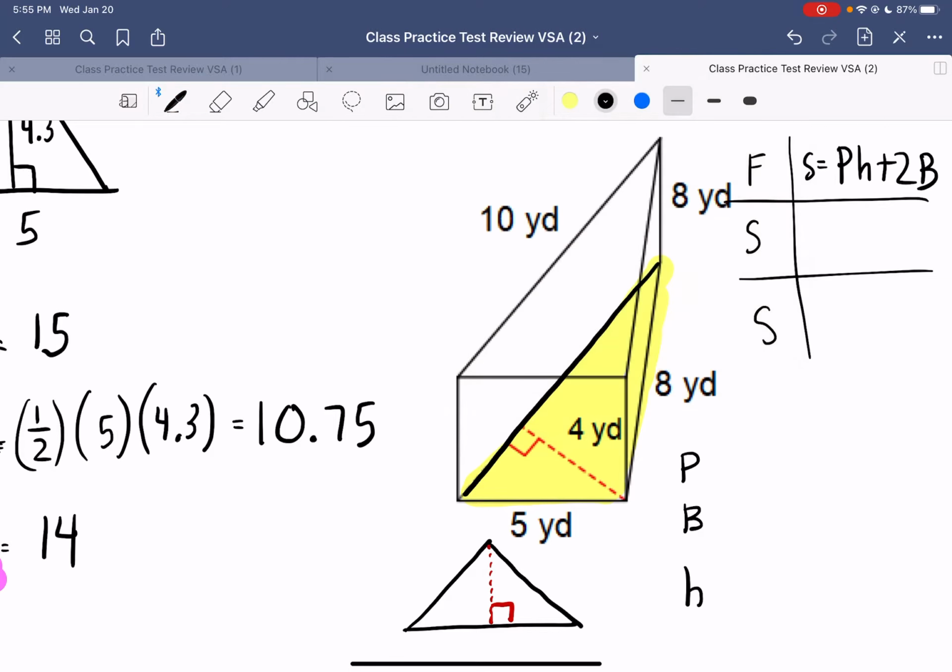This number here is the same as this number here, 10, and then we have 5 on this side, and 8 on the other side, with 4 in the middle. So the perimeter is going to be walking around: 8 plus 5 plus 10.